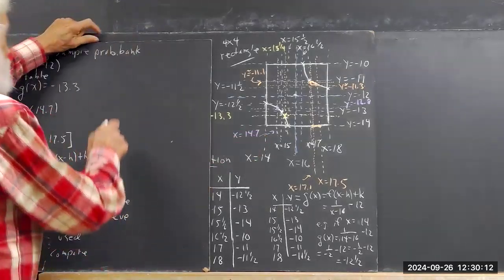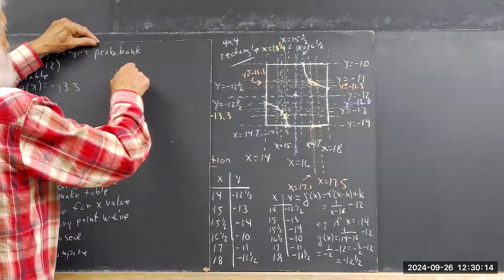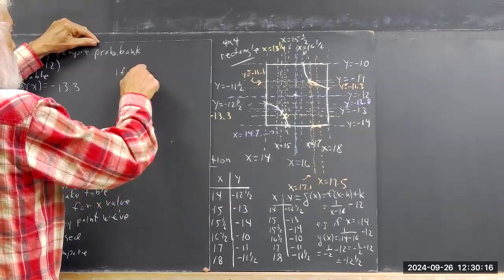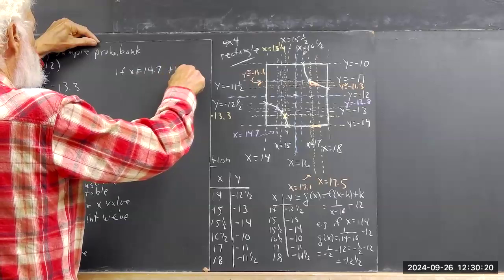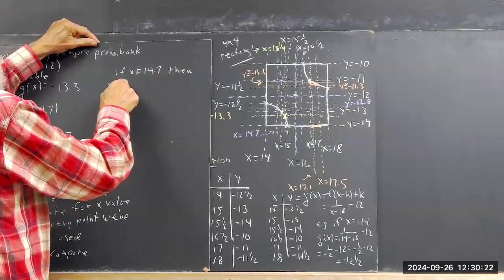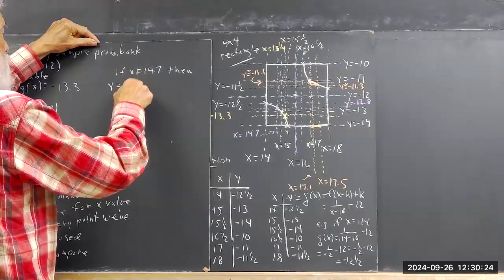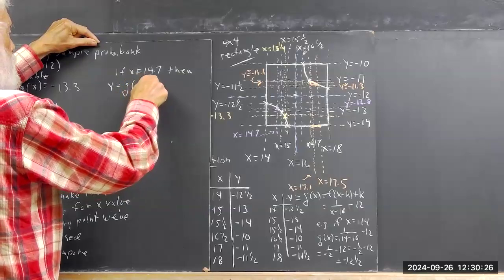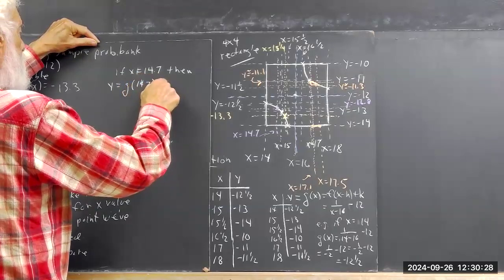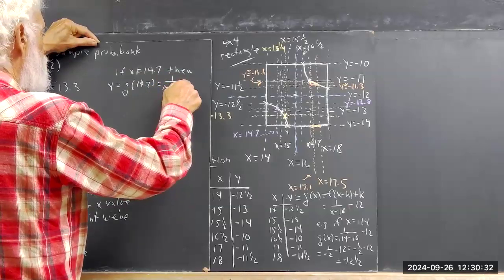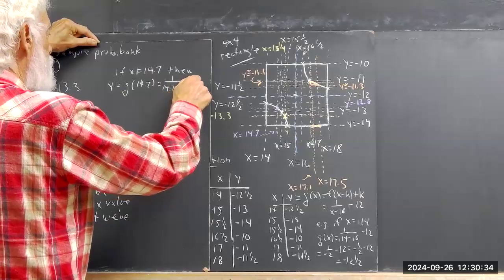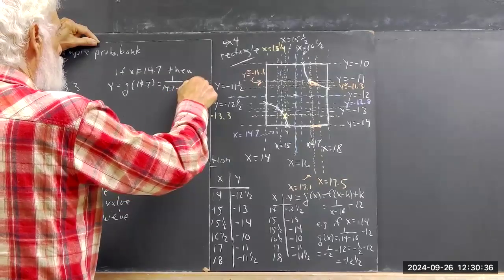Okay. That's 14.7, y equals g of 14.7 equals 1 over 14.7 minus 16 minus 12.